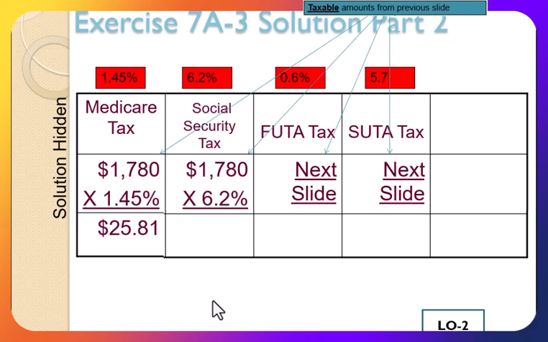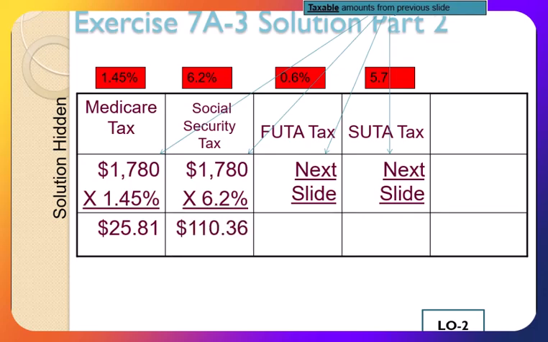And then for the Social Security tax, again, all of the wages are subject to that in this problem, and they will be $110.36 at that 6.2% Social Security rate. And as you notice, FUTA and SUTA have been left off here because they need to be calculated individually for the employees and then added together to get the total answer for both of those. We'll see that in the next slide.